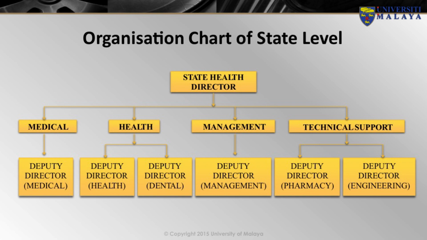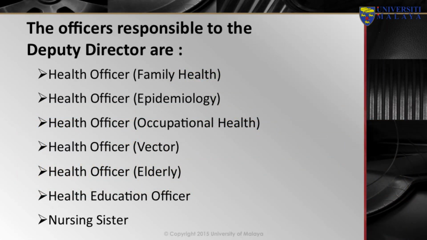For management, there is a Deputy Director for Management, and for technical support, there are Deputy Directors for Pharmacy as well as Engineering. The officers responsible to the Deputy Directors are, just to name a few, Health Officers for Family Health, Epidemiology, Occupational Health, Vector and Elderly, Health Education Officer and Nursing Sister.